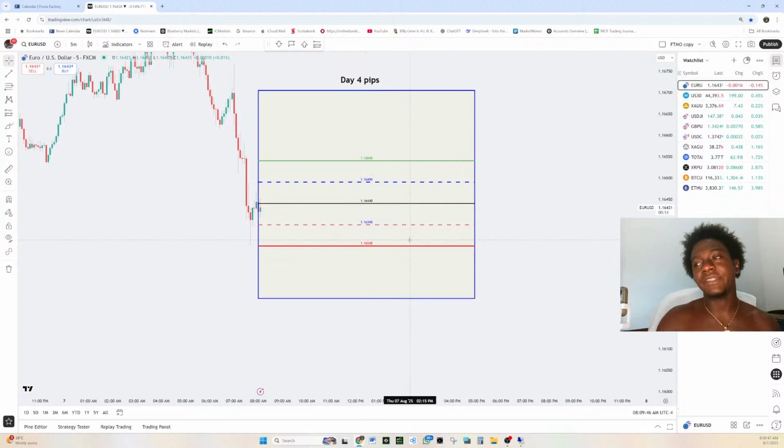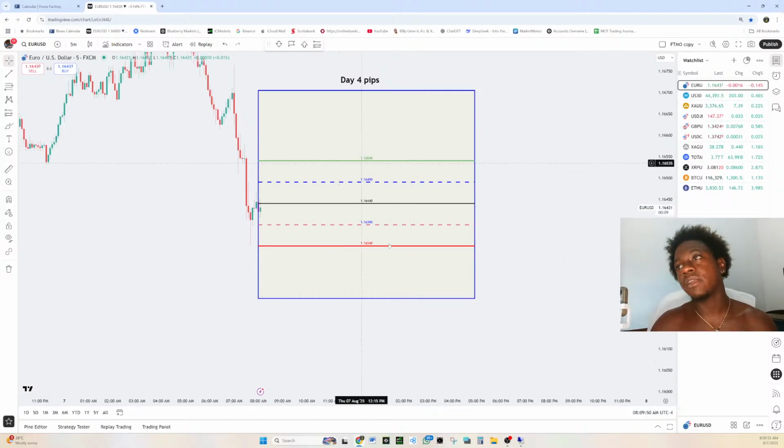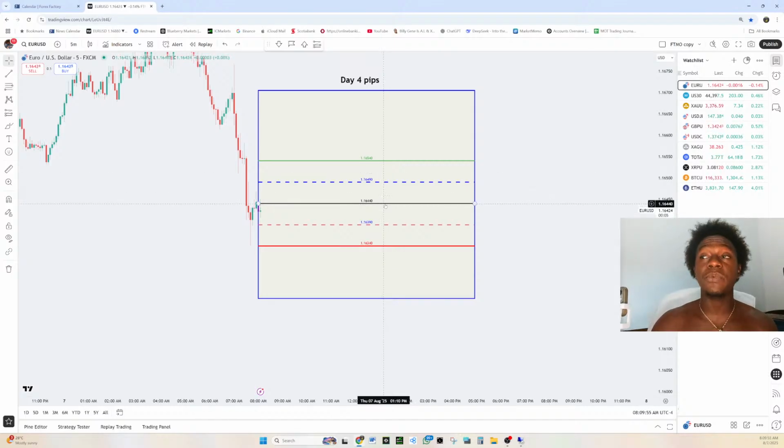But I don't want to confuse you with negative and positive and stuff like that. So bullish level 1, bearish level 1. All right, which just represents 10 pips above or 10 pips below the 8 AM candle open price. Once we go 5 pips above or below, we'll be into a trade.